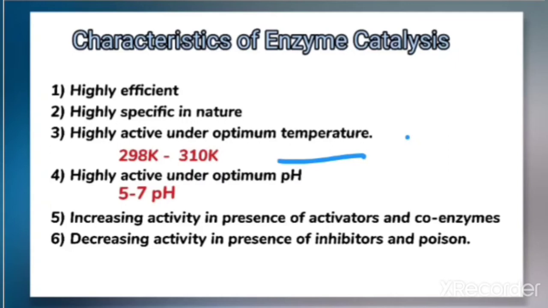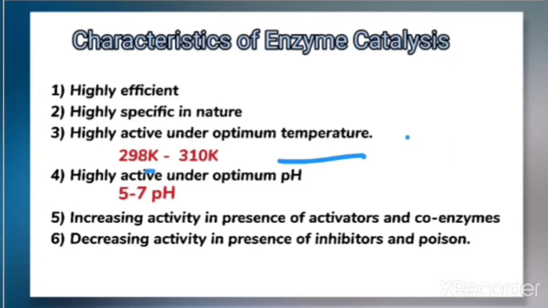On the other side of the optimum temperature, the enzyme activity decreases. That means that they work more efficiently, being active under a certain temperature. That is the human body temperature, which ranges between 298 to 310 Kelvin.